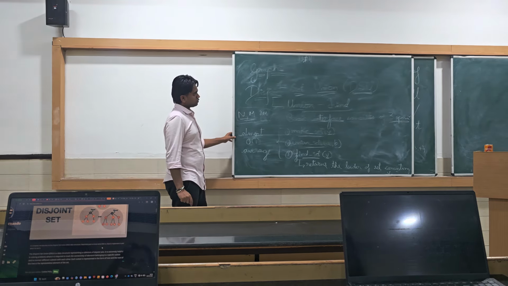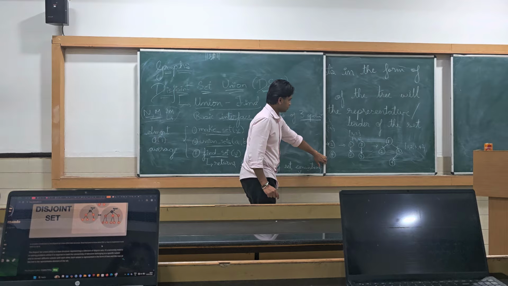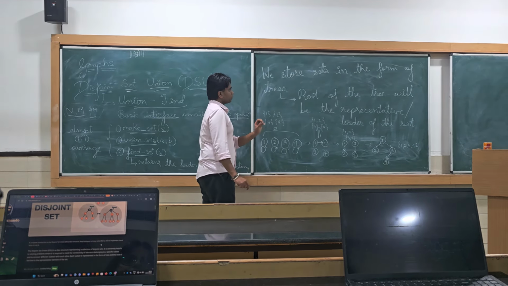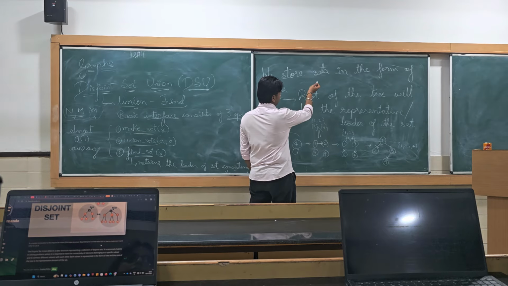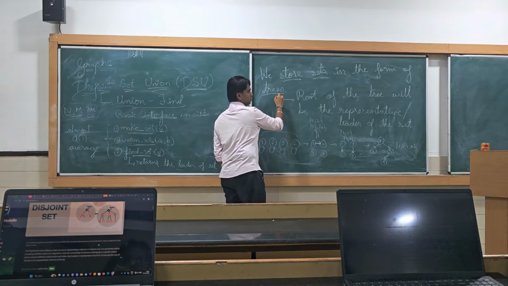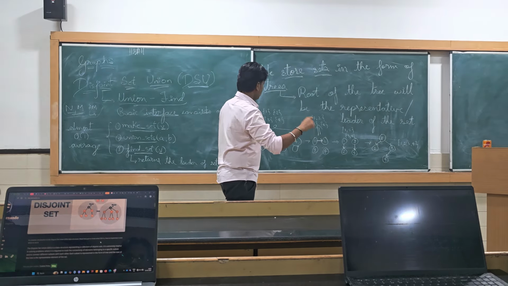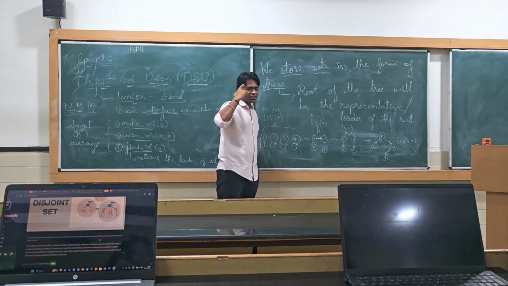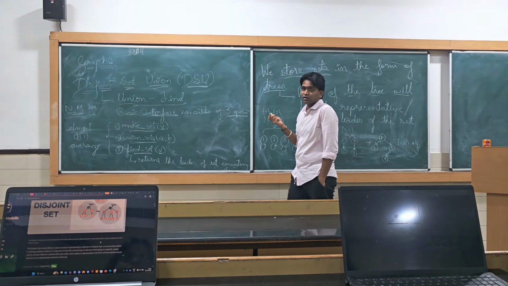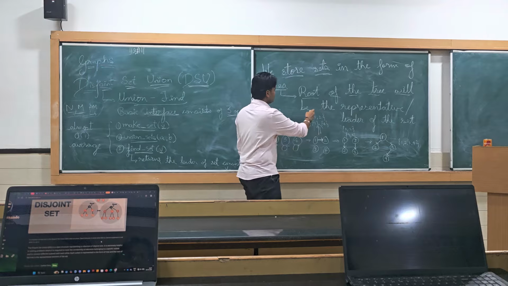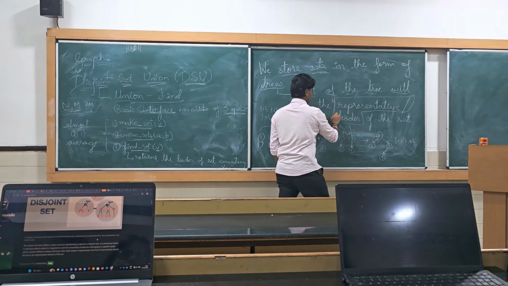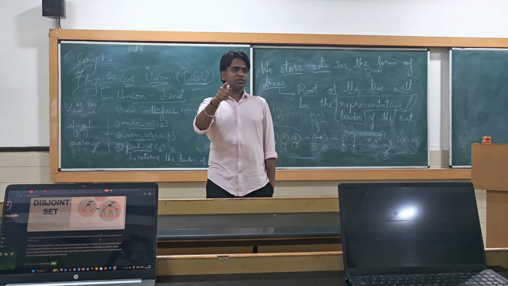Now let's look at application. For graph representation, what we do is we store sets in the form of trees. And now it's very intuitive, right? The root of the tree will be the representative, or you call it the leader, of the set.